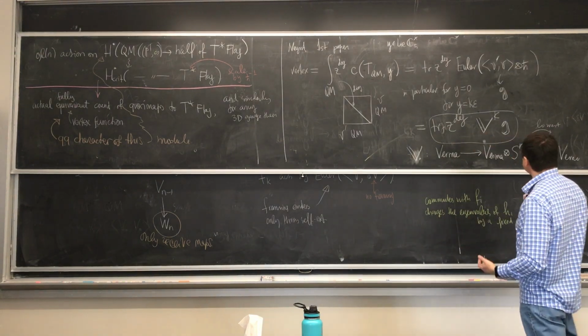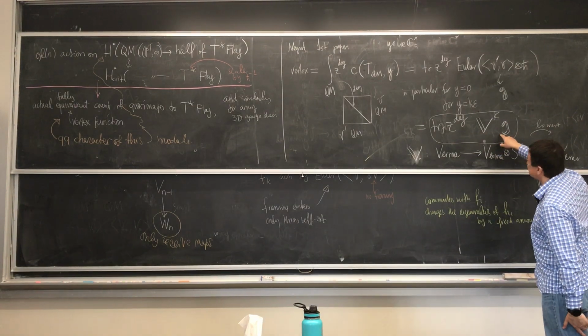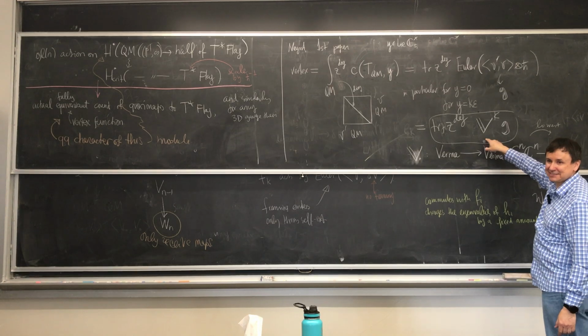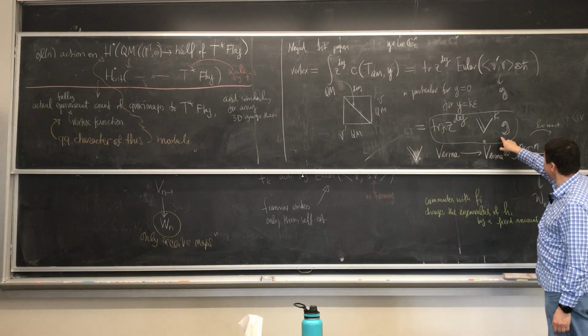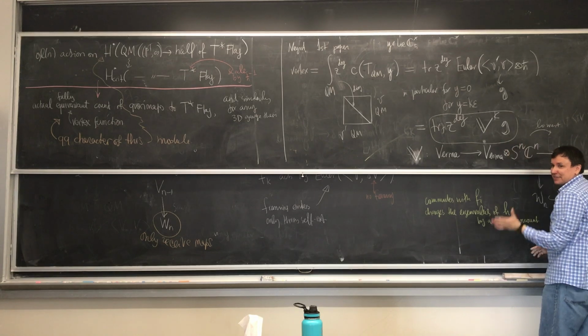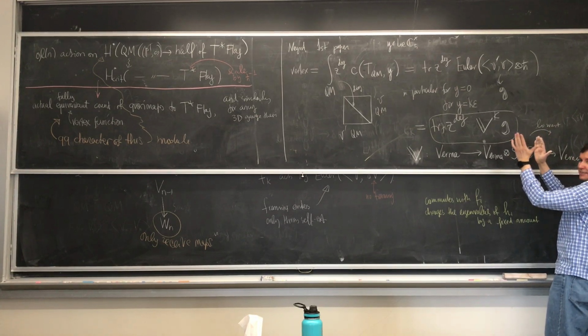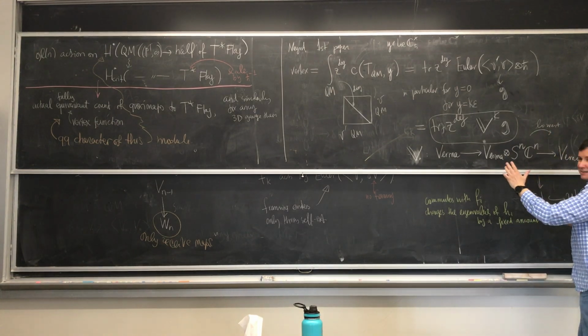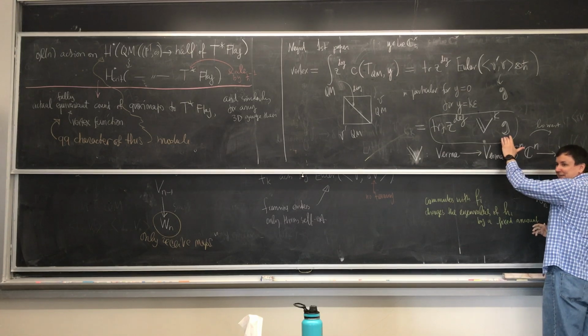Here we still take a trace, but there's some specific g that is like all upper triangular, and that's going to mix all the weights together. This certainly does not preserve a weight at all.